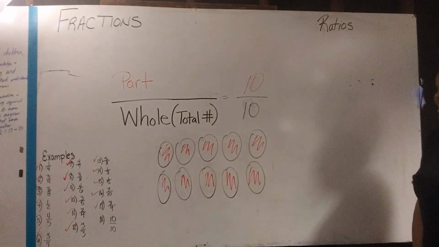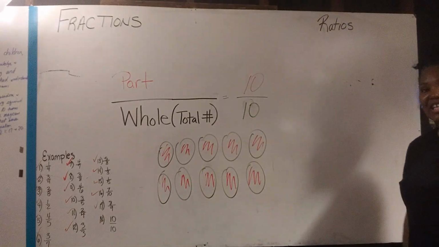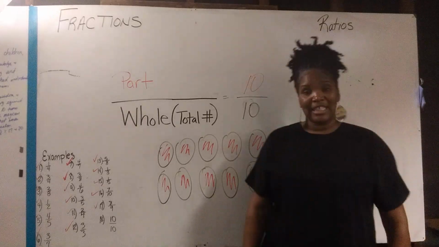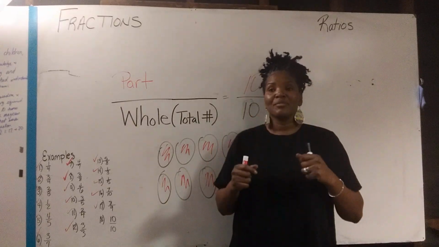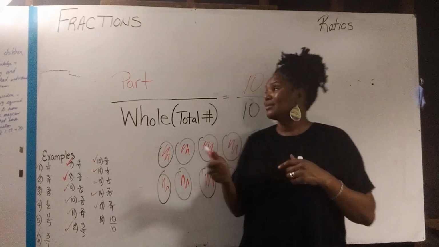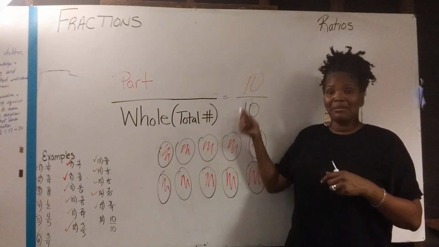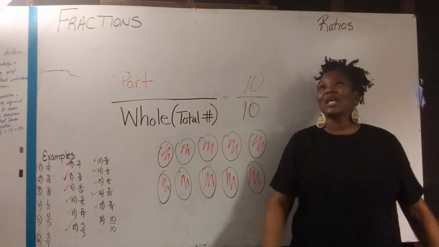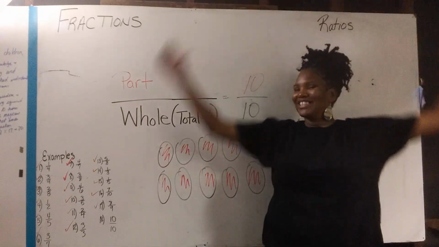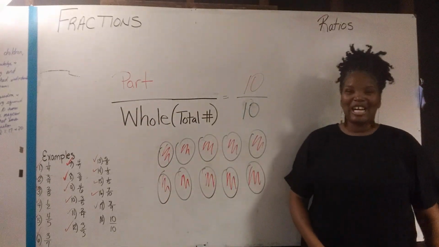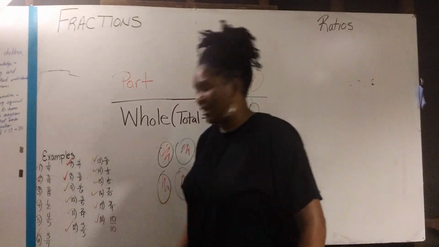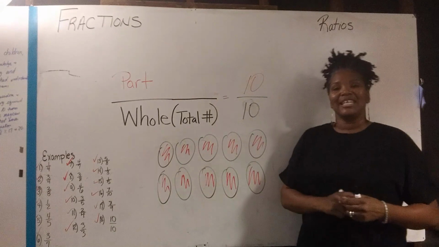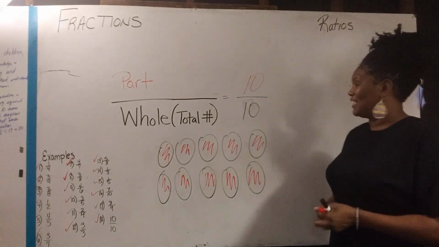We have 10 circles, and we colored all 10 of them in. 10 over 10, or any number over itself, equals what? Anytime we have the same number at the bottom and the top, it equals 1 whole. Good job. Oh yeah, we forgot to give ourselves a check mark. We got our answer right. We did good. You did good.